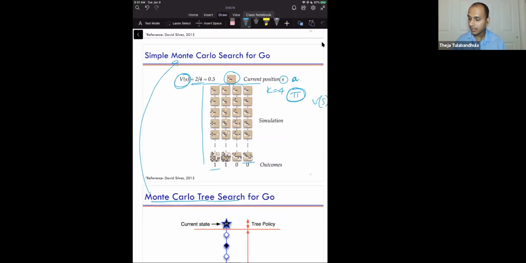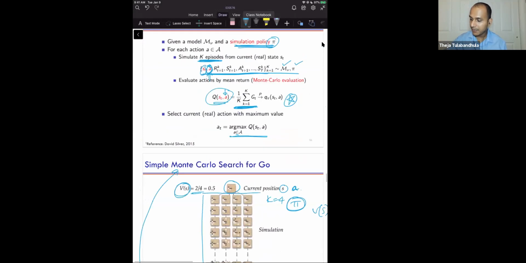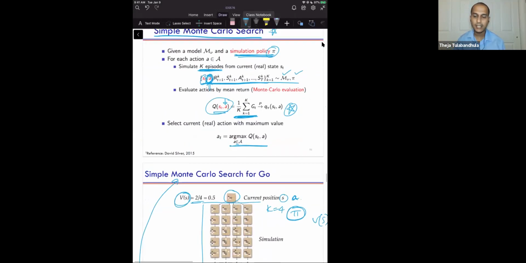The improvement is the idea that if some actions seem bad, then you should not go down them. You should not do the K episodes for those actions. You should zoom into the subset of actions which are the most promising. Say your evaluation budget is, let's say there are 3 actions and K is 20, then your evaluation budget is about 60 experiences.